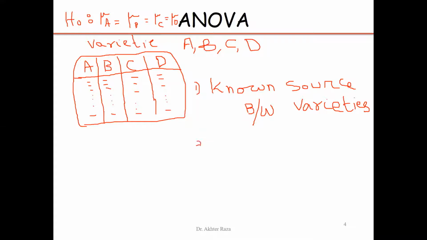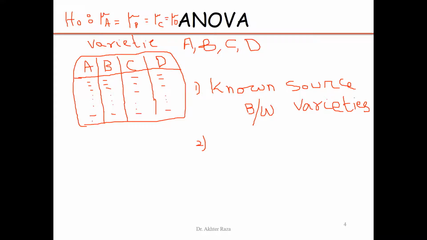The second is not a known source. It is an unknown source. If I kept all the constraints the same, like the fertilizer being the same for all these 10 plots, the water supply is the same, the sunlight is the same, as well as the fertility of the soil is the same, will all these 10 outputs be the same?